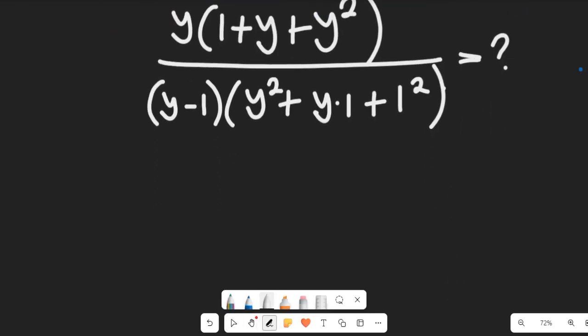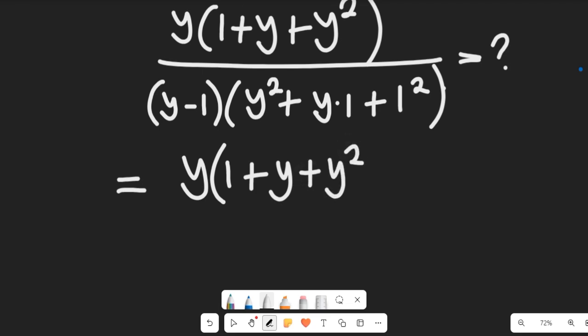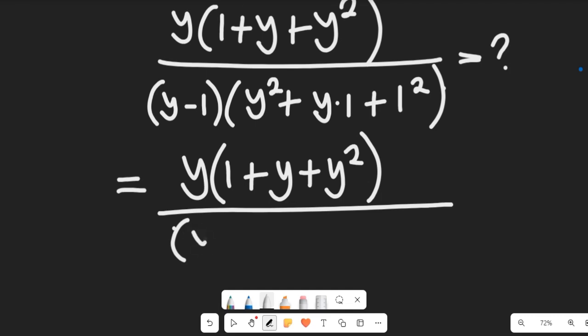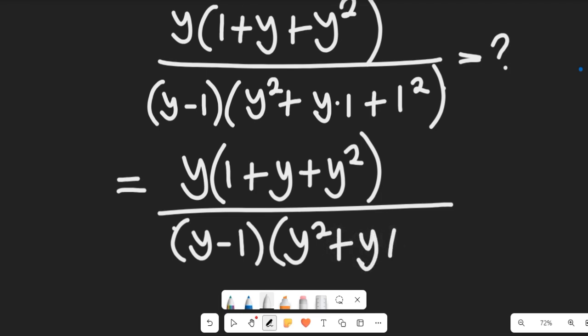In the next step, the solution becomes y multiplying y plus y square, and all of these will be divided by y minus 1. I have my y square plus y plus 1 square is 1, right? And this is going to give me what solution.